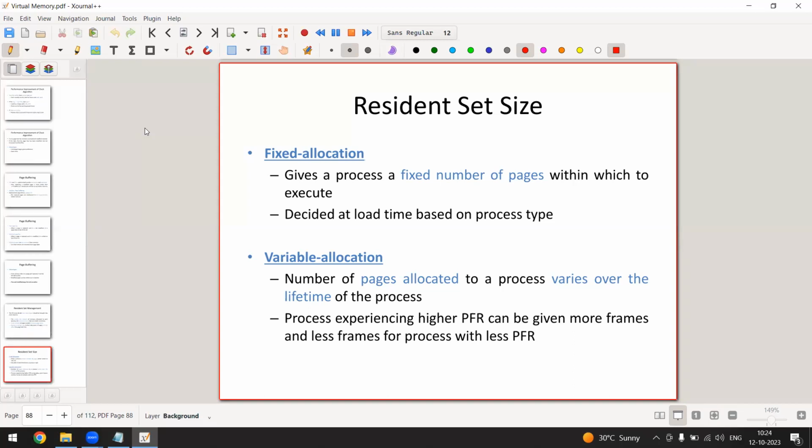Suppose process A has 100 pages, but I say that at a time only 10 pages should be loaded. That number 10 I am fixing. That's called fixed allocation.